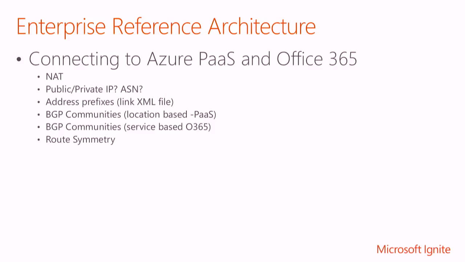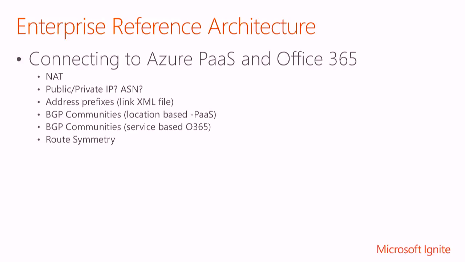And because you don't want to go through the internet, you want to go through ExpressRoute, which is dedicated, you need to make sure that whatever request goes out of your ExpressRoute to reach those paths will come back via the same ExpressRoute circuit. So you advertise your public IP range to the PaaS cloud or to the Office 365 cloud, so they know your requests are coming through this public IP, and they can return the traffic through the same ExpressRoute circuit.